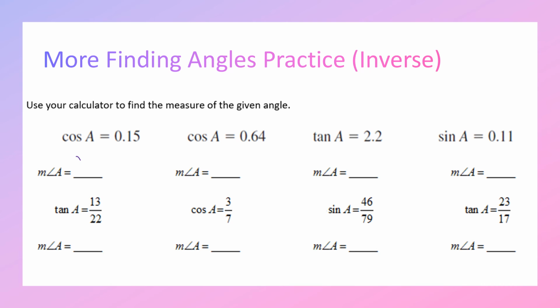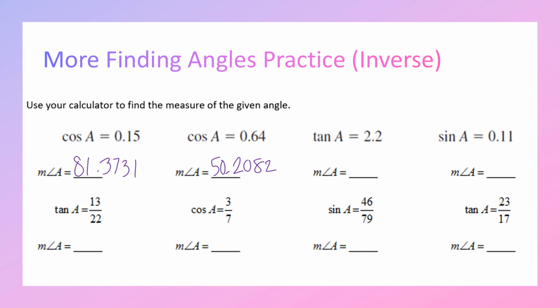Measure of angle A, and we are rounding. You can round to the nearest degree. I just put in 4 decimal places because that way it's easier for you guys to determine if the answer you put down is correct or not. 50.2082.